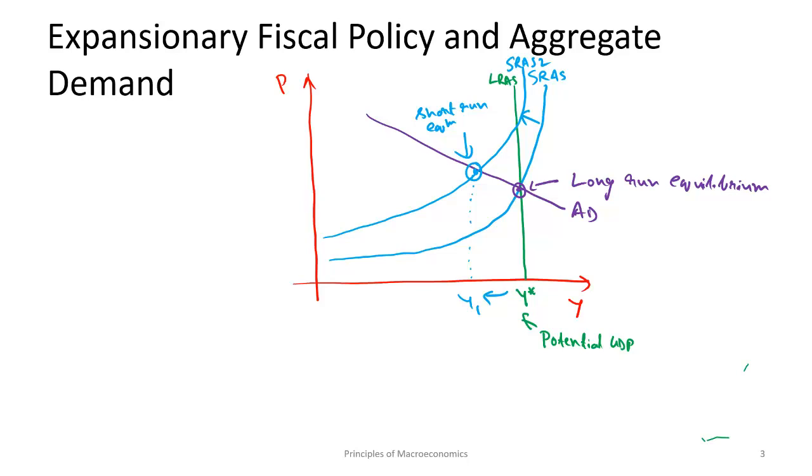Now, through fiscal policies, government can start shifting the aggregate demand to the right by either increasing government expenditure or decreasing taxes. So let's write it down here.